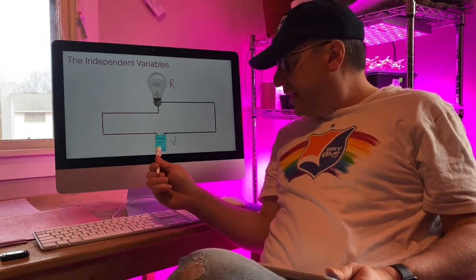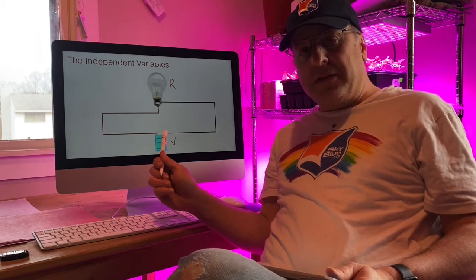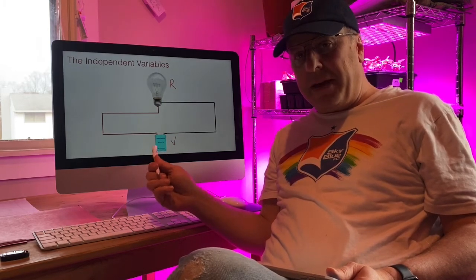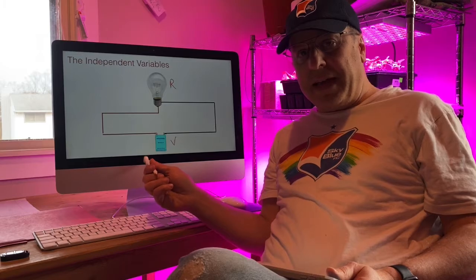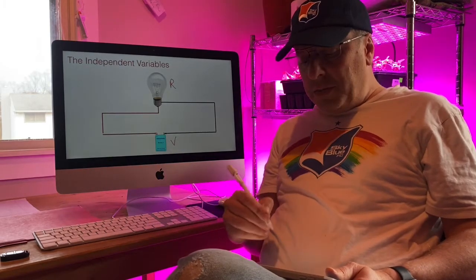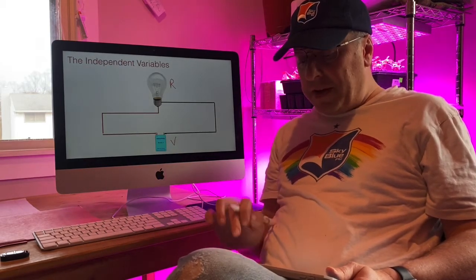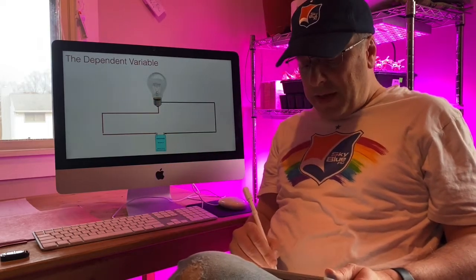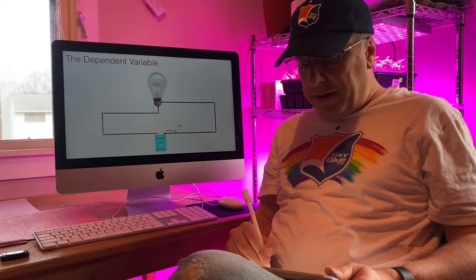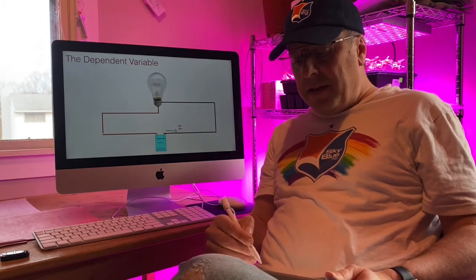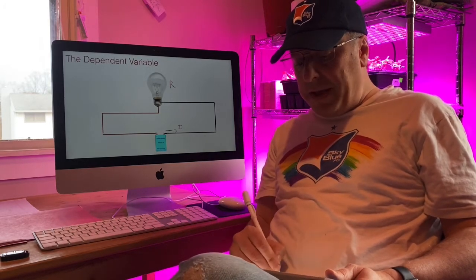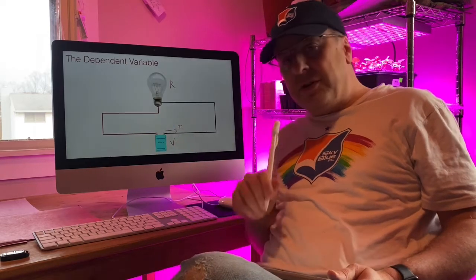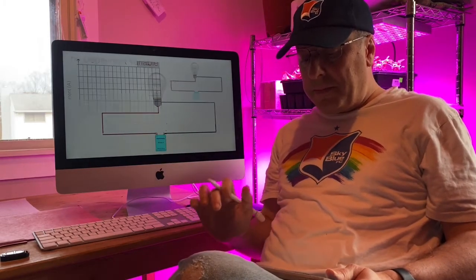We control that again when we make the battery based on what chemicals we put in the battery, what the metals are for the electrodes. Once we have these two independent variables, we can now calculate our dependent variable, and that will be our current. We pick resistance, we pick voltage, nature determines the current.